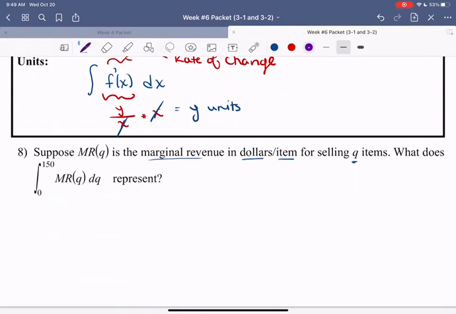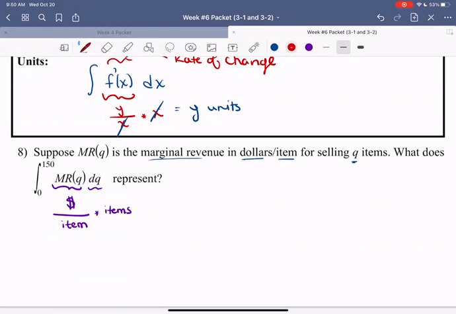So let's look at a unit level. MR of Q, marginal revenue, tells us the dollars of revenue over items, or the revenue per item. dQ, change of item amount, just tells us how many items.